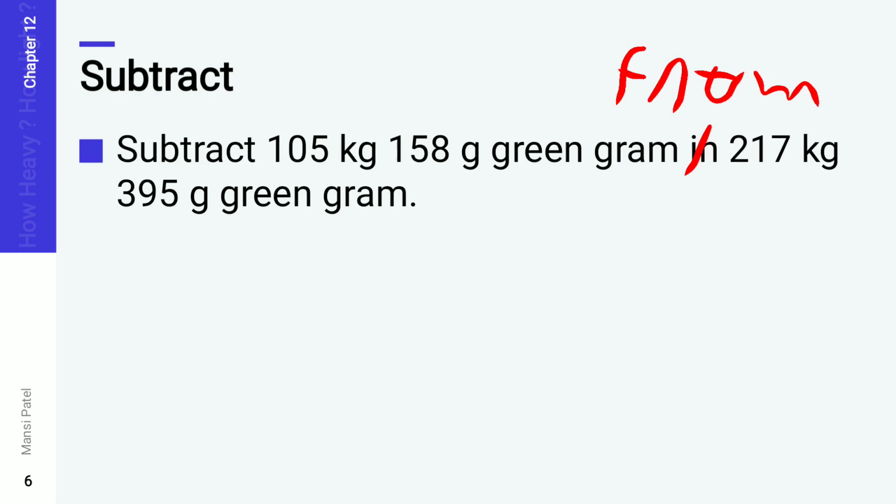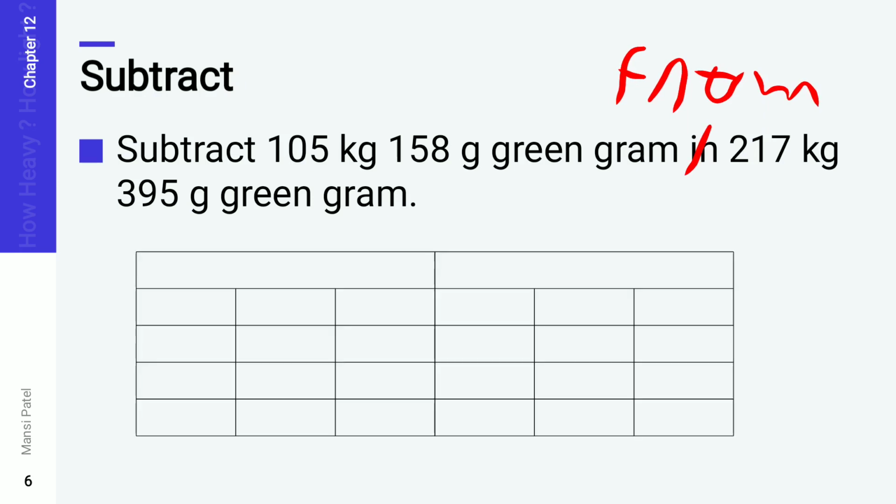Okay. Now what do you want to do? You have to make one table, give the heading kilogram and gram. Then after "from", whatever is written, you have to write down first. So here it is 217 kilogram.